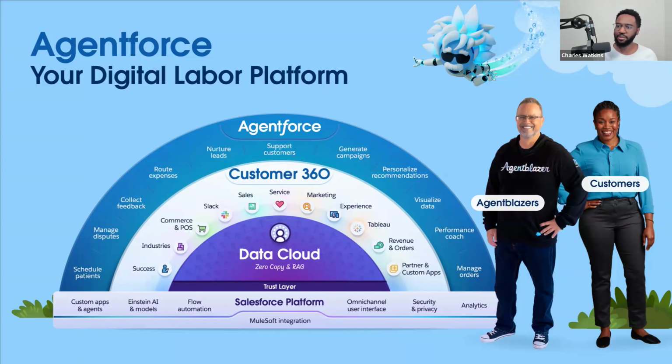You have the trust layer, the Einstein trust layer, and then underneath all of that is the Salesforce platform that controls things like your data models, your automations, your permissions, all of the different things that you need to build useful applications. But when you look at this picture, what I want you to take away is that Agentforce is just the thin layer on top of that. Most of what you're doing is core Salesforce.